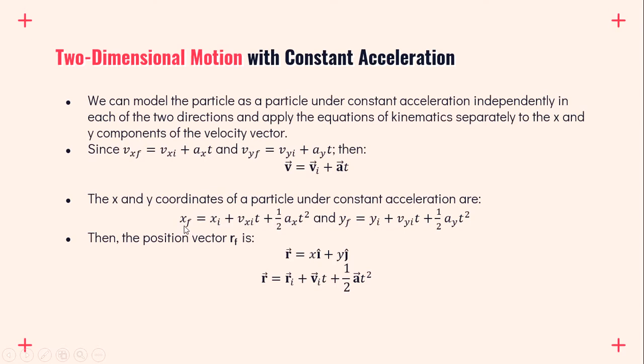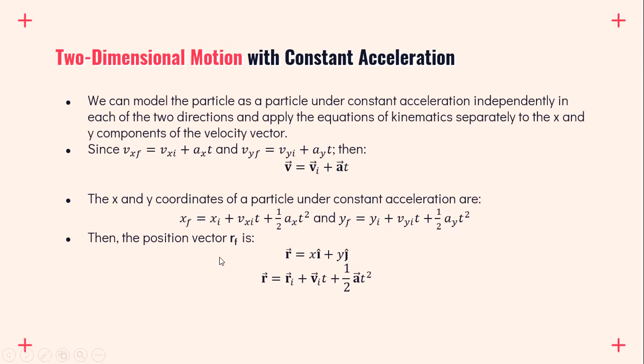So xf, the x coordinate of the final position, is equal to the initial position xi plus vxi, the initial velocity, times t plus 1/2 axt squared. That also applies to the y direction. So yf is equal to yi plus vyi t plus 1/2 ayt squared.